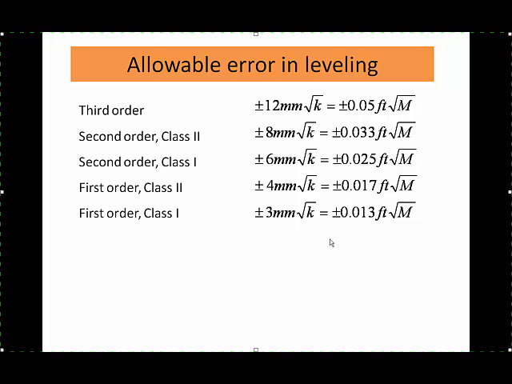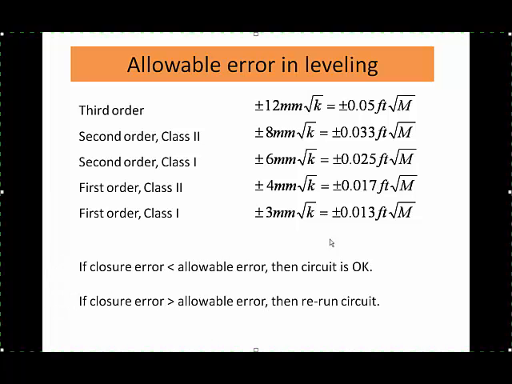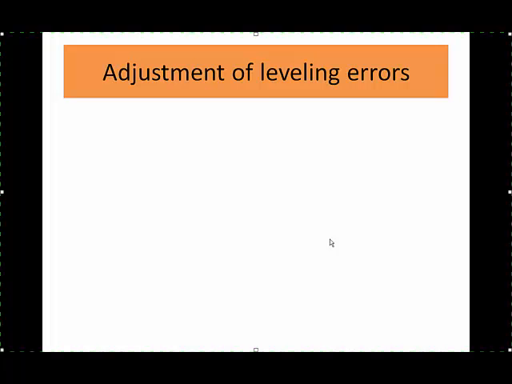Second order can be achieved with the equipment that you will see as a part of this course. If your measured closure error is less than the computed allowable error, then your circuit is acceptable. However, if your measured closure error exceeds the allowable error that you calculate based on the desired specification, then you may need to rerun all or part of the circuit.